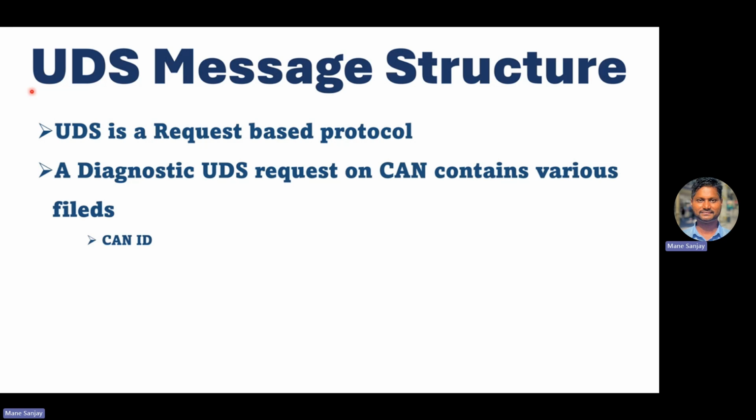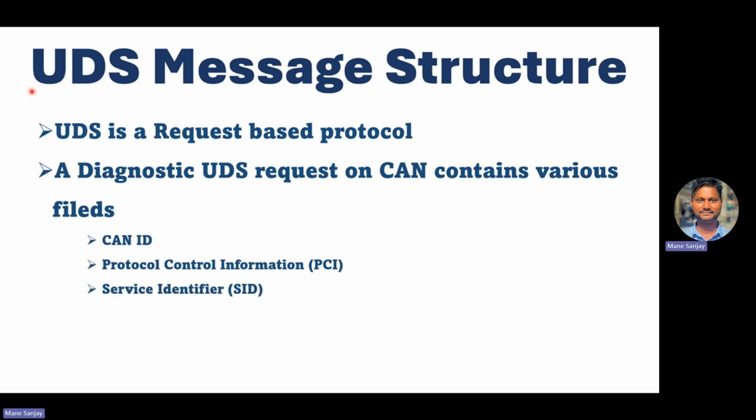The first field is the CAN identifier. It's very common, as I explained in my first knowledge sharing session on CAN fundamentals. When you are sending a CAN frame into the network, each frame should have a CAN identifier, so that's what we start with. Then the protocol control information, which is another very important field. Then the service identifier.